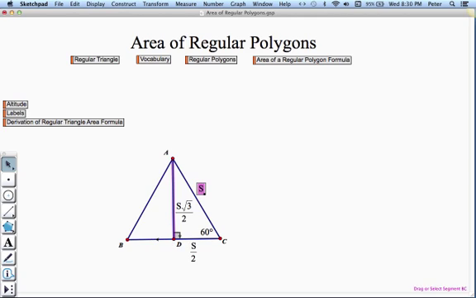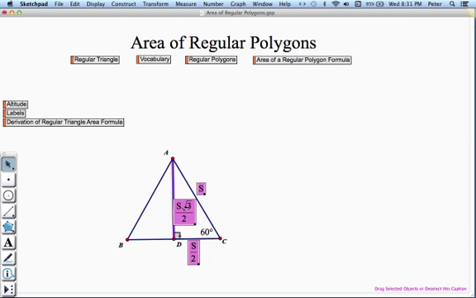So what had been S is now going to be S over 2, since that is opposite this bisected 60-degree angle. Since S over 2 is opposite the 30-degree angle, the side opposite the 60-degree angle will be S root 3 over 2.